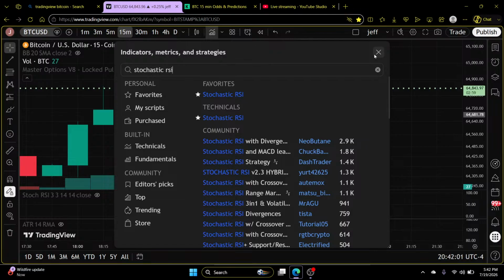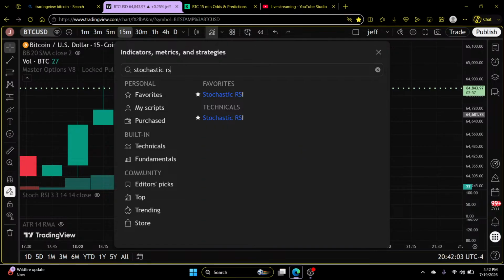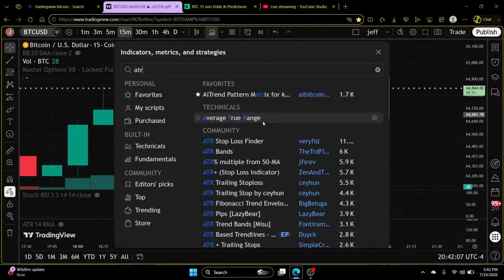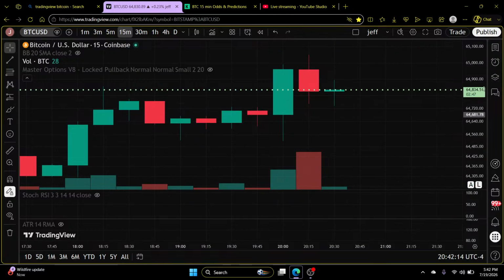And then the next one is ATR. Just type in ATR and it should be the average true range. Click the star next to it and click it. And that's the one for how much money it's moved for that amount of time.